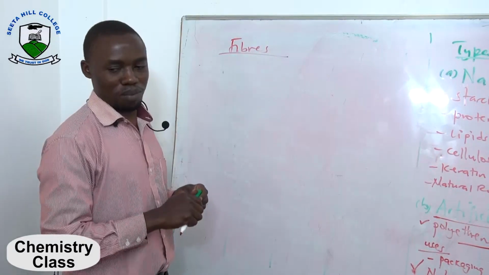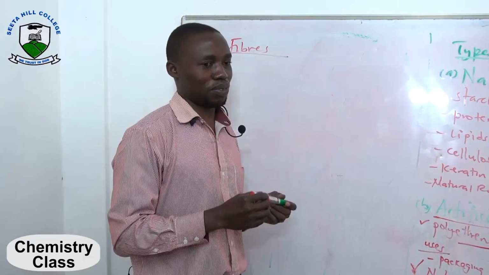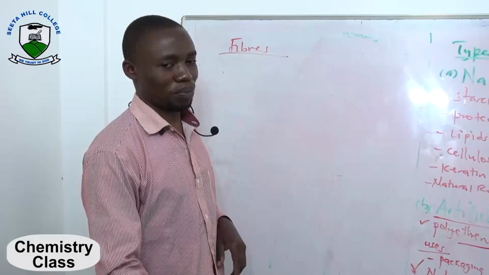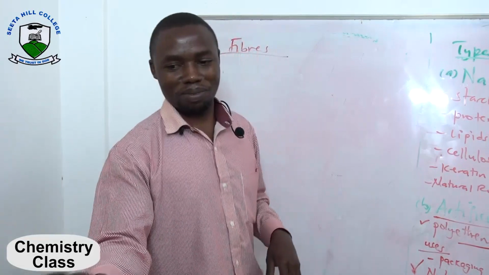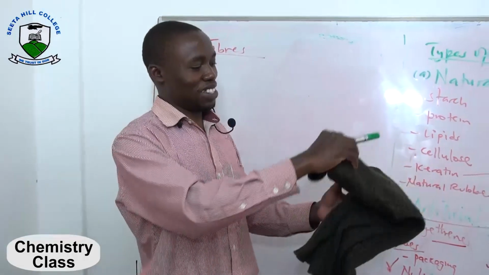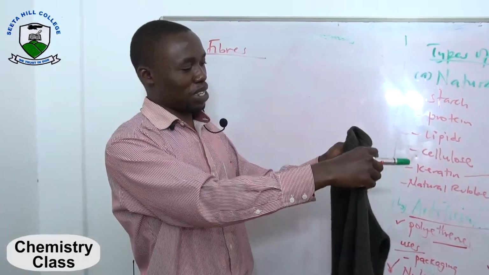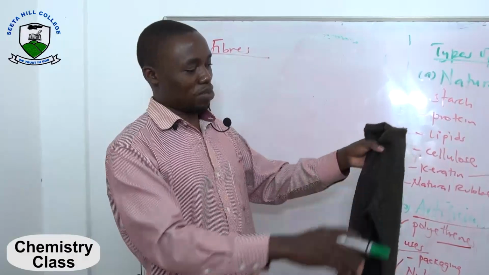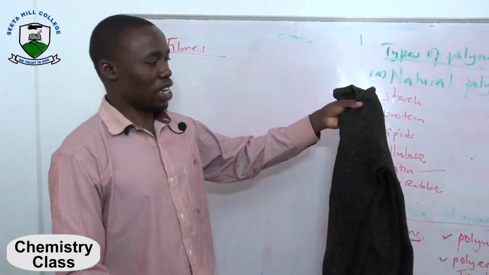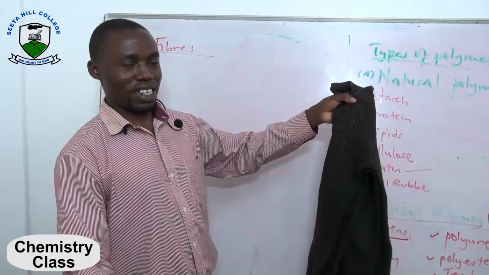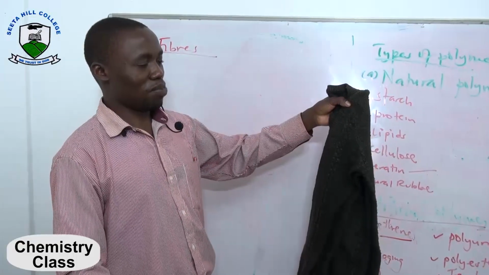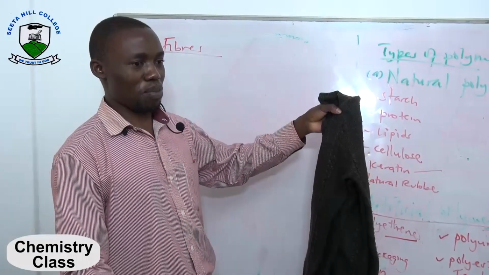Now you have some sweaters there. If you have a sweater, it means now we are picking what makes some of these sweaters. That material is called a fiber.